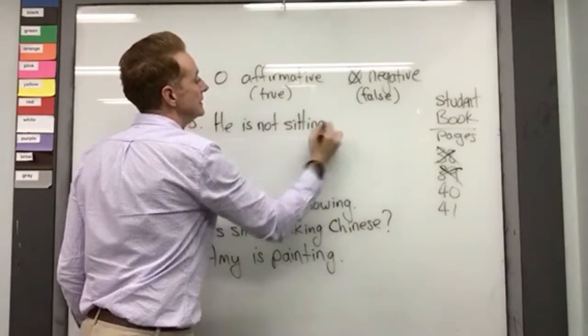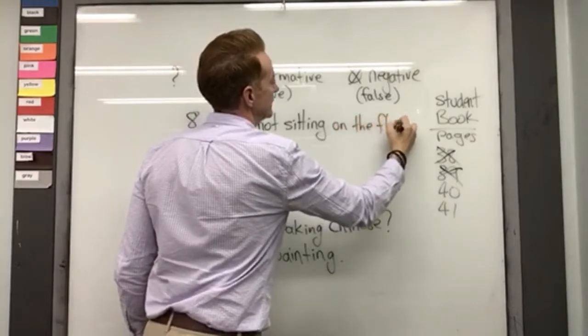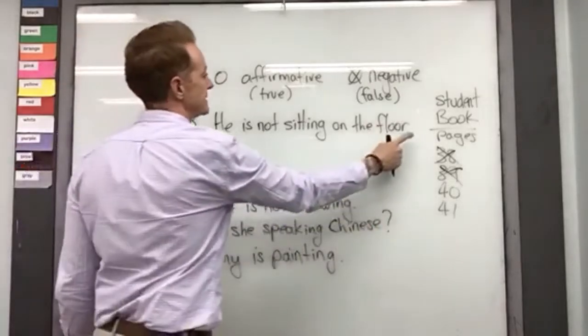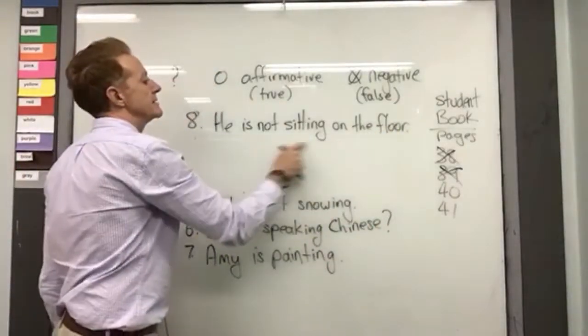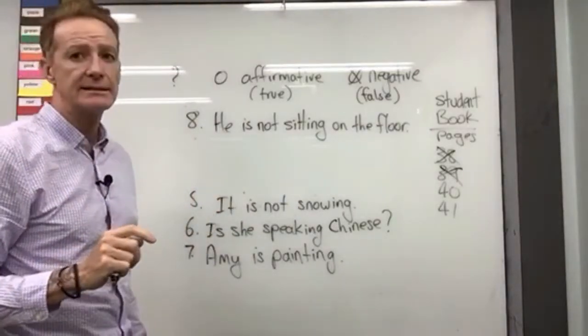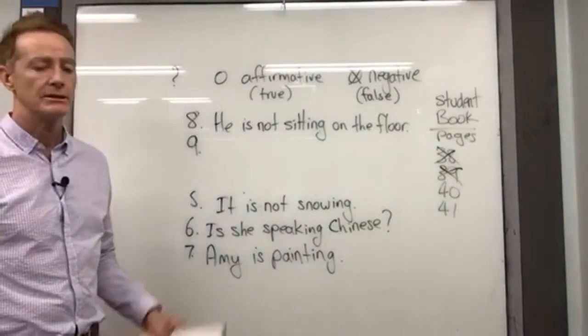He is not sitting on the floor. This is not a question, just a statement, a sentence. So just put a period. Here is our present continuous form of sitting. He is not sitting on the floor.